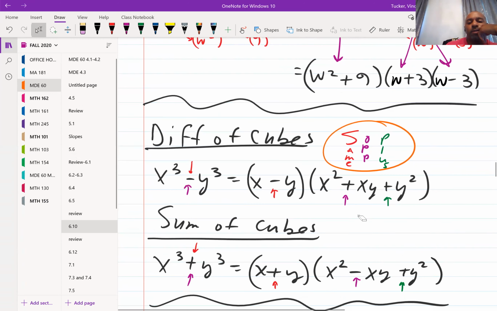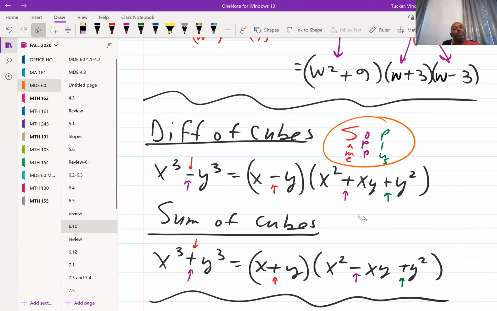Next two formulas: difference of cubes and the sum of cubes. The formulas are very similar, except your signs are going to change according to what you have initially. Here we have the difference, or the subtraction, of two perfect cubes. Once again, we're looking at cubes now, not perfect squares.